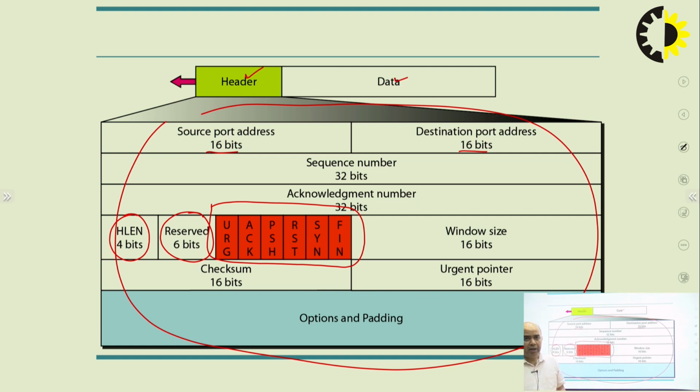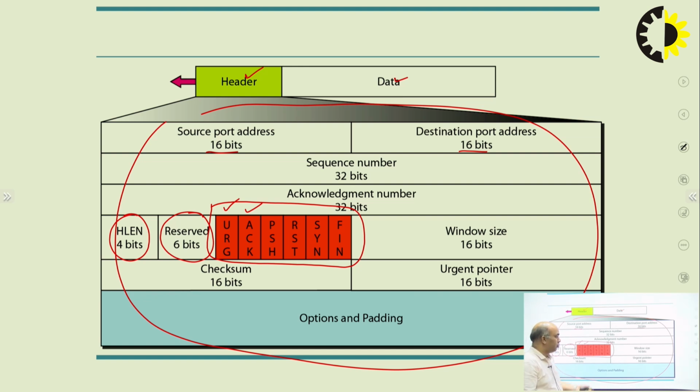On the basis of that, the flags have to be set. Let's suppose we have to send data urgently, then we have to set this flag. If data is received and we have to send an acknowledgement, then we set this flag.